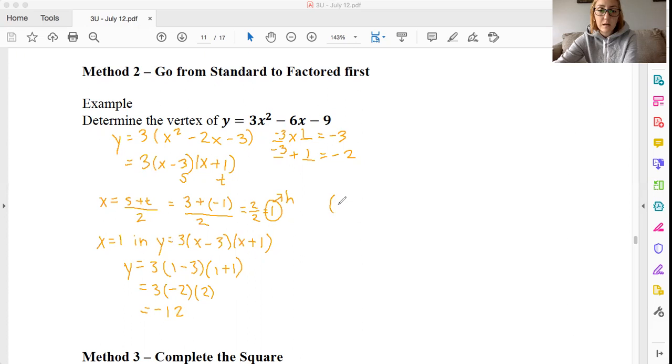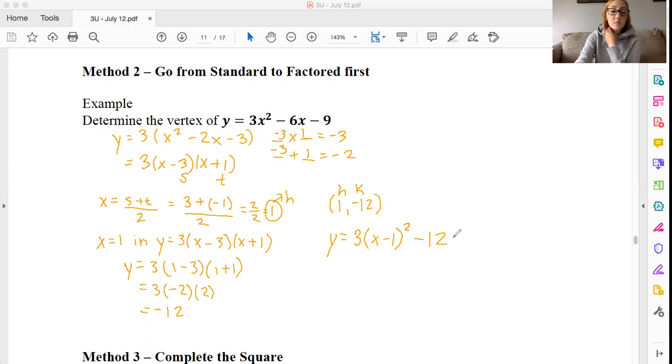So that means that our vertex is at 1, -12. So this is our h value, our k value. And like we did previously, our a value is going to be 3 right here. 3(x minus 1) squared minus 12.